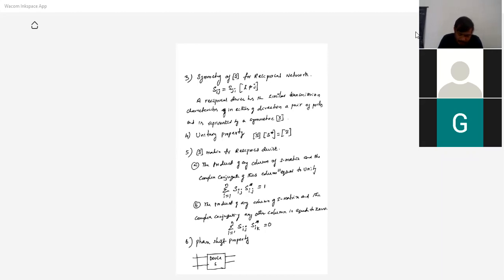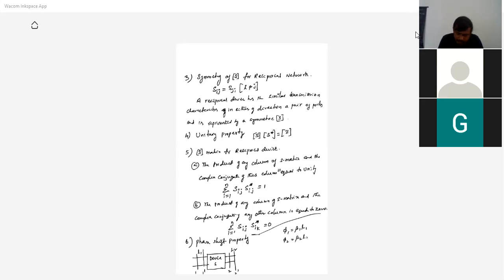After shifting the reference planes by some length L1 for port 1 and L2 for port 2, the phase angles are theta 1 is equal to beta 1 L1 and theta 2 is equal to beta 2 L2.